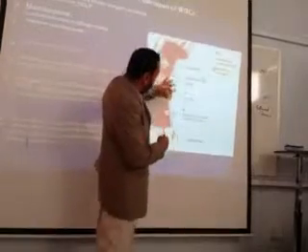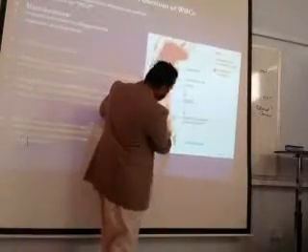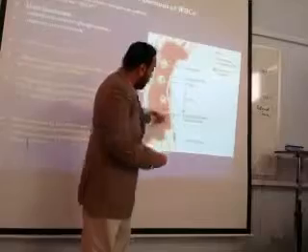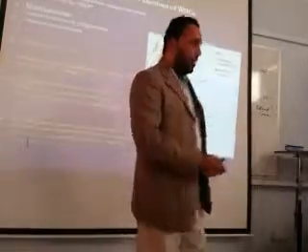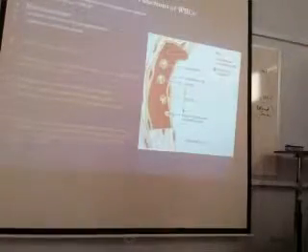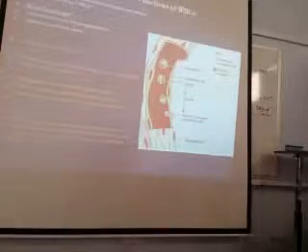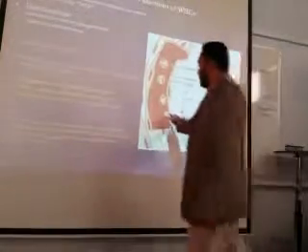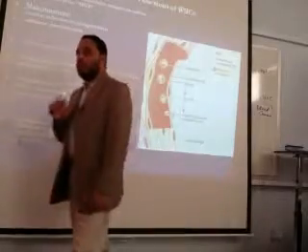Then what happens? Between two endothelial cells, this is one endothelial cell, this is another. The WBC will change its shape and try to squeeze in between the two endothelial cells. There is a name for this process.